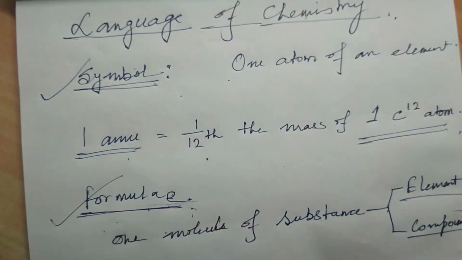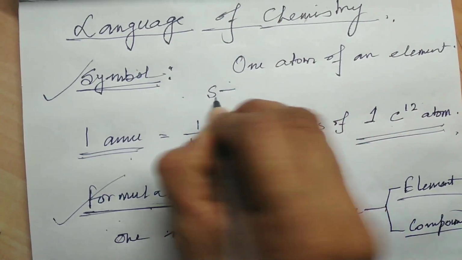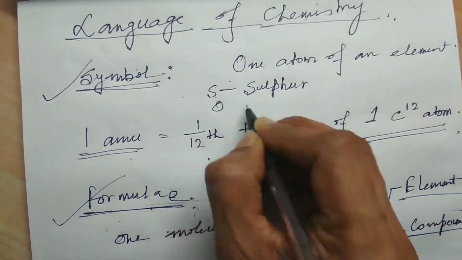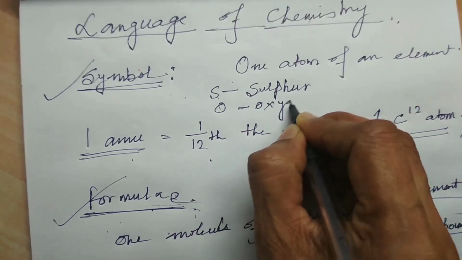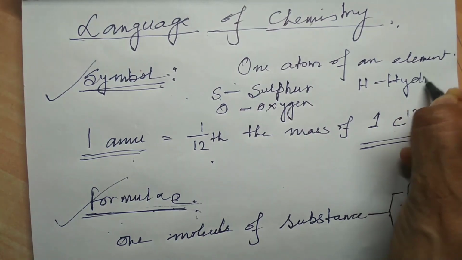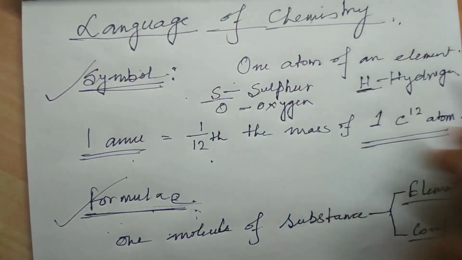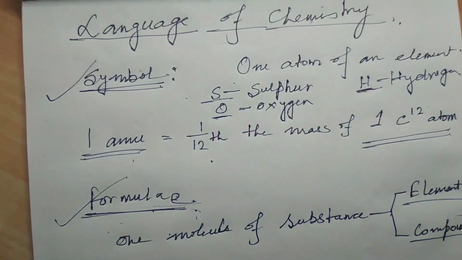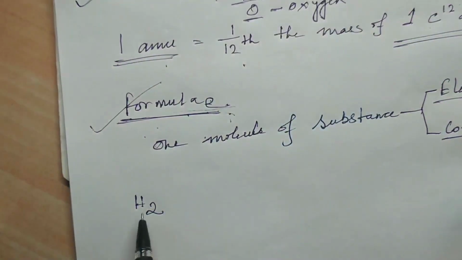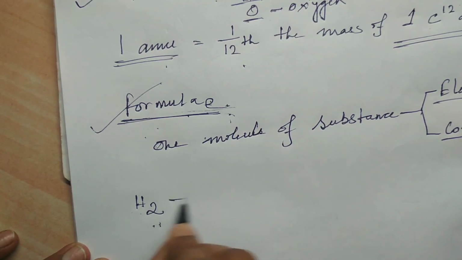Symbol and formula. Like sulfur, S represents one atom of sulfur. O represents oxygen. H represents hydrogen. But these are what? One atom of hydrogen, one atom of oxygen. But when I write H2, this is not the symbol, this is the formula, and it represents what?